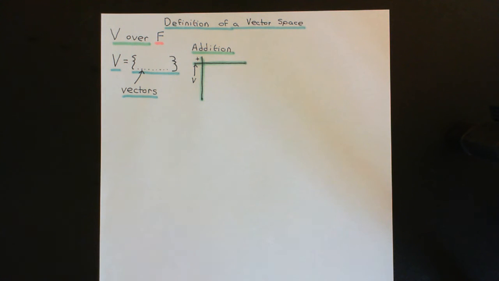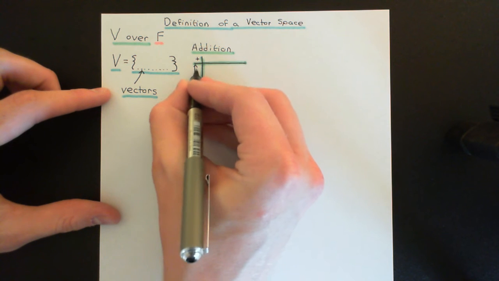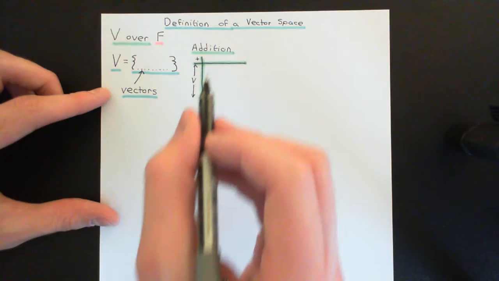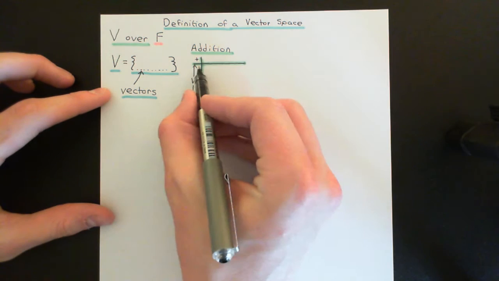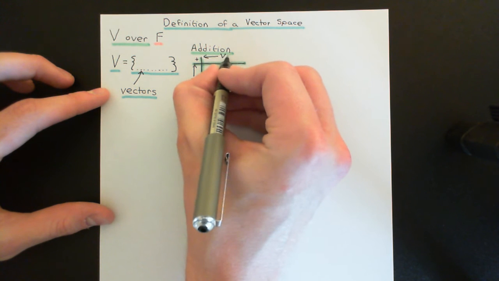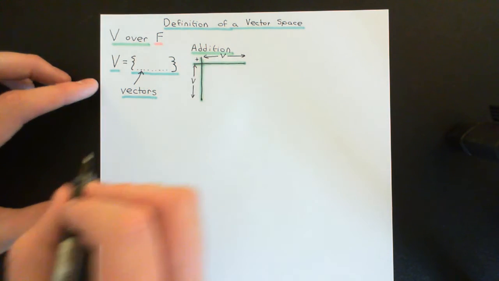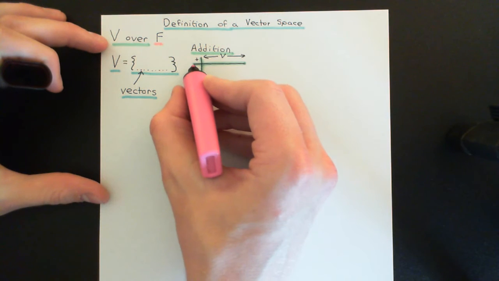Okay, so what you're going to do is you're going to put every single vector in the vector space down here in our addition composition table. We're going to give every single vector in this set a row that is dedicated just to it, and you're also going to give them all the columns. So up here in the titles of all the columns in this addition composition table, again you'll put all of the vectors in the vector space.